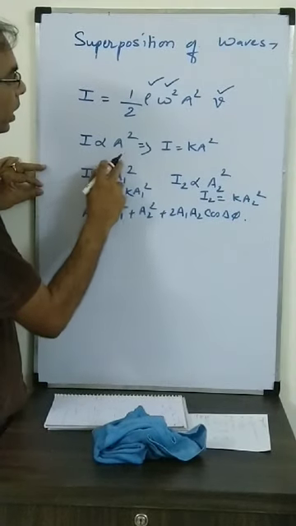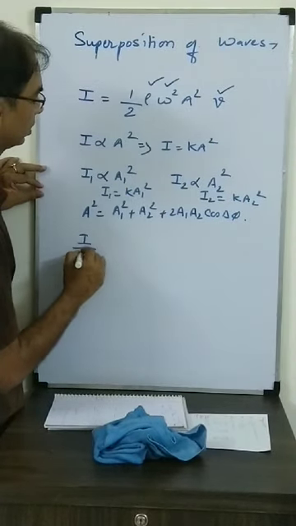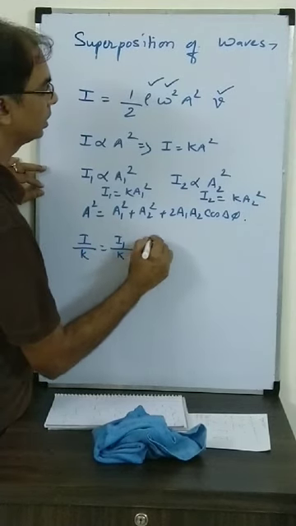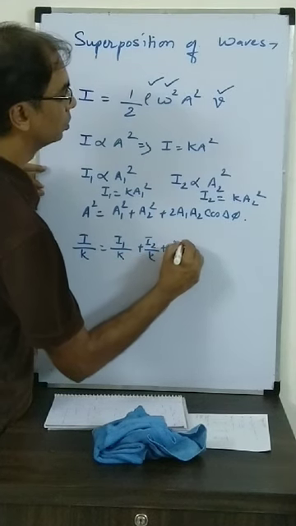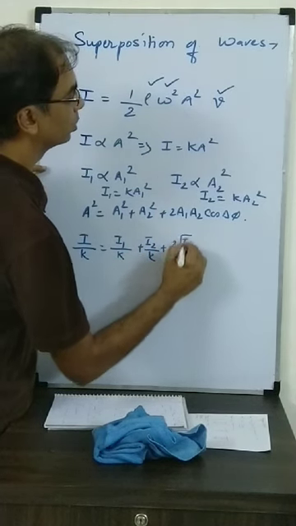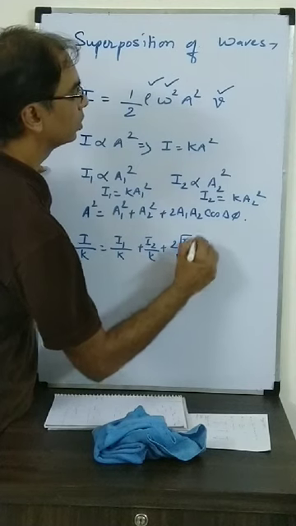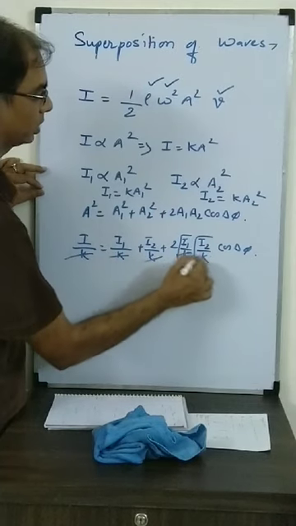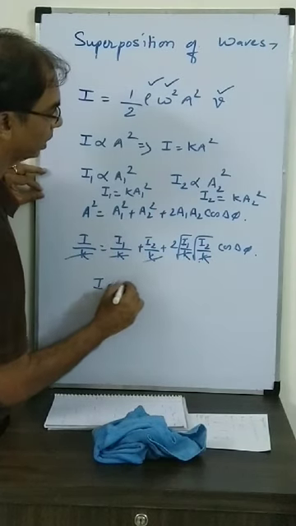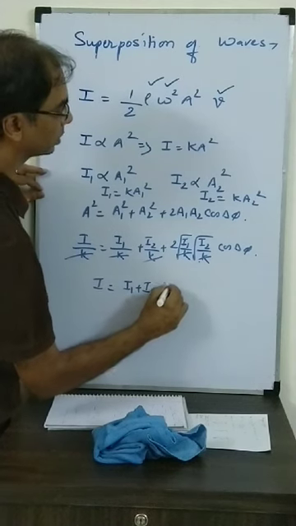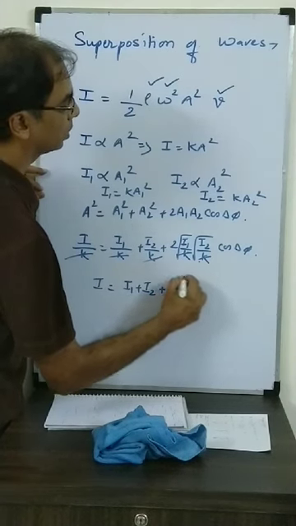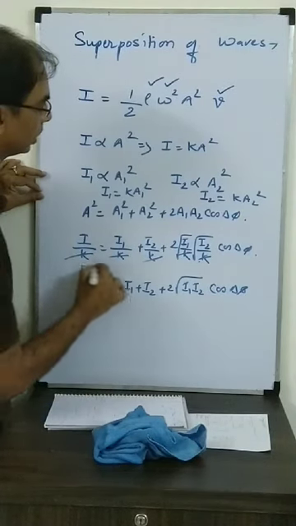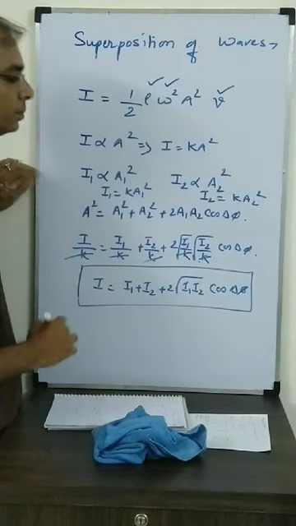So in place of A square, I write I by K: I1 by K, I2 by K, plus 2 root I1 by K, root I2 by K, cos delta phi. The K's cancel. So what we are getting is I equal to I1 plus I2 plus 2 root over I1 I2 cos phi. This will be the resultant intensity at that meeting point.